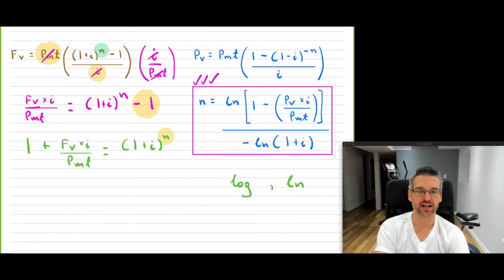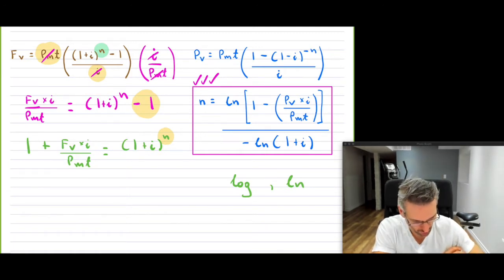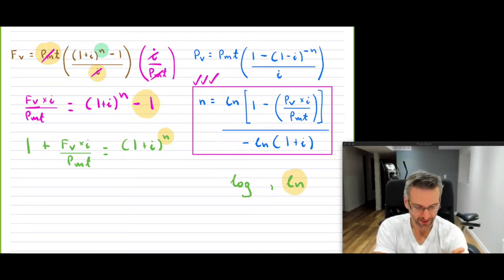In the business calculator, most of the time it will only have ln, which is a special log where the base is e, Euler's number. Log typically means its base is 10, and it doesn't matter which one you use. Since on the business side it's mostly ln, I'm going to stick with that.